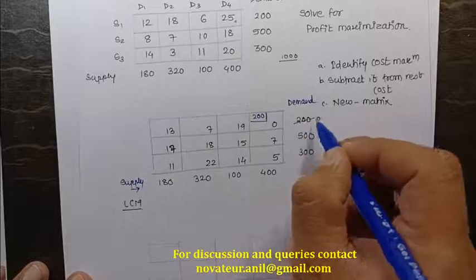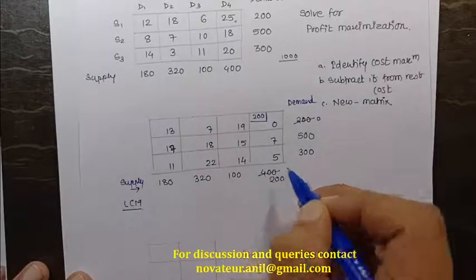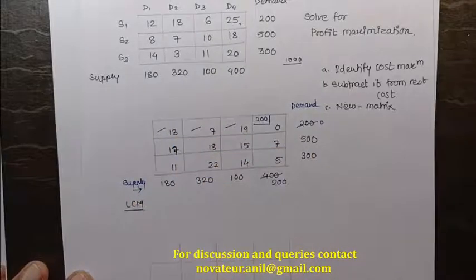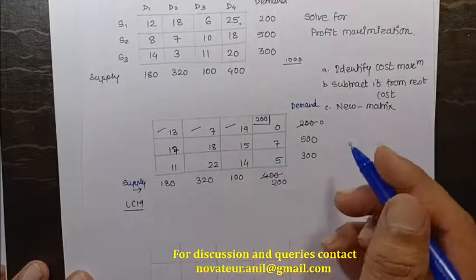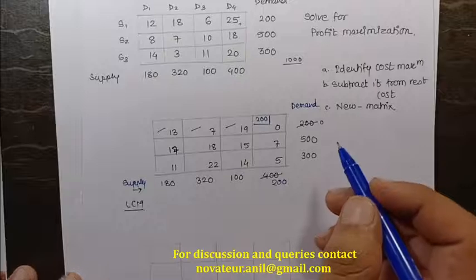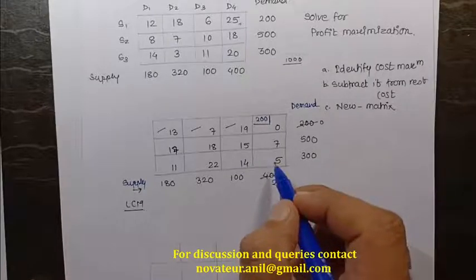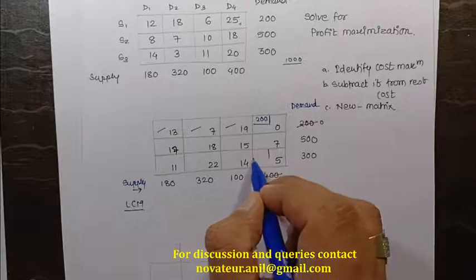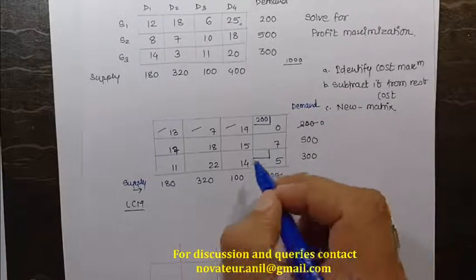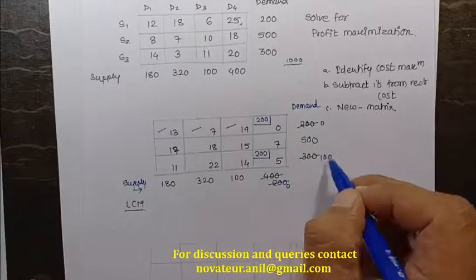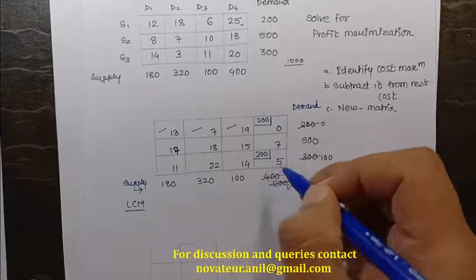So this will become 0, the remaining is 200, and this particular first row will not participate any further. Then the smallest element is nothing but 5, so I'm going to assign 5. I'm going to assign 200, this will be 0, the outstanding is 100.